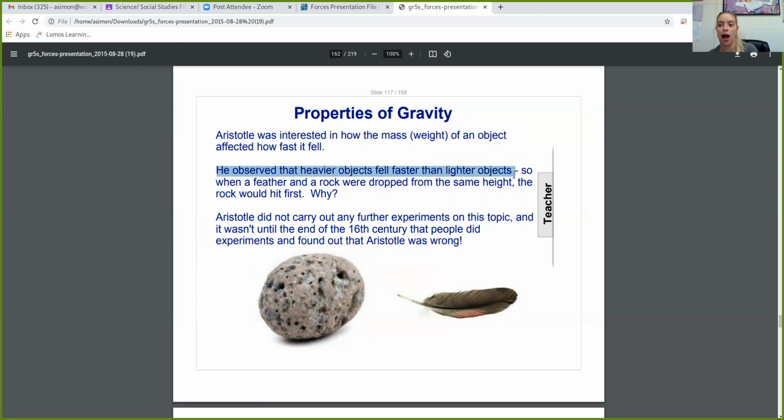So again, we have that rock and that feather. If you drop them both at the same time, he said the rock's going to hit the ground first because it's heavier. And he didn't actually try it because, again, he didn't do any experiments. Ultimately, when people started doing experiments, he was proven wrong. That was not the reason that the rock hits the ground first.